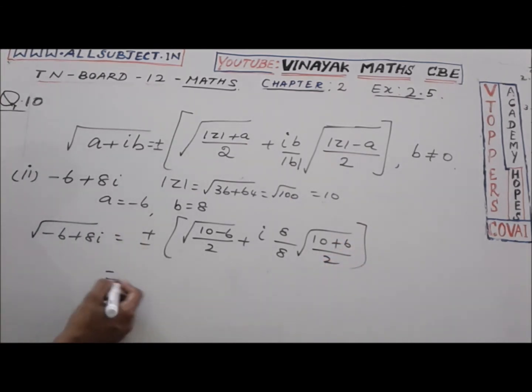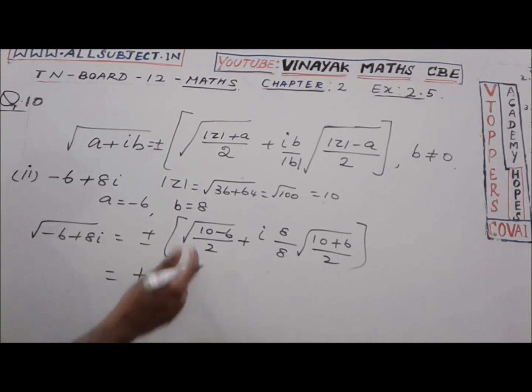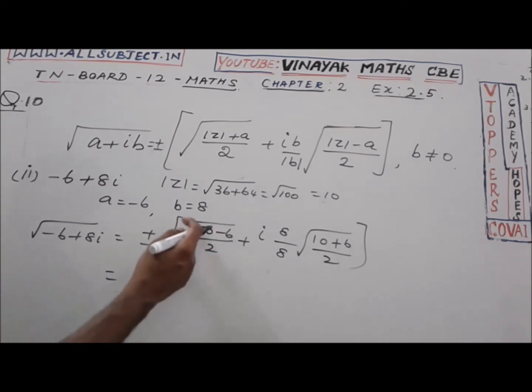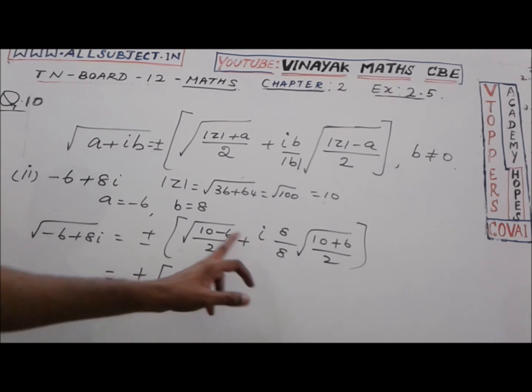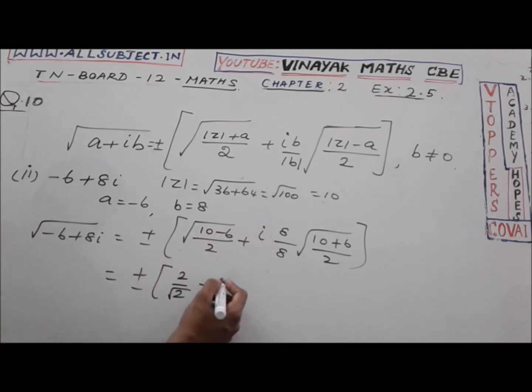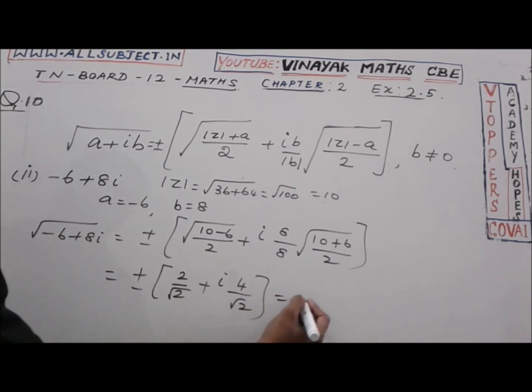Now 10 minus 6 is 4, root 4 is 2, 2 by root 2. And 16 divided by 2 is 8, root of 16 is 4, so 4 divided by root 2. Simplifying, we get plus or minus 2 by root 2 is equal to root 2.